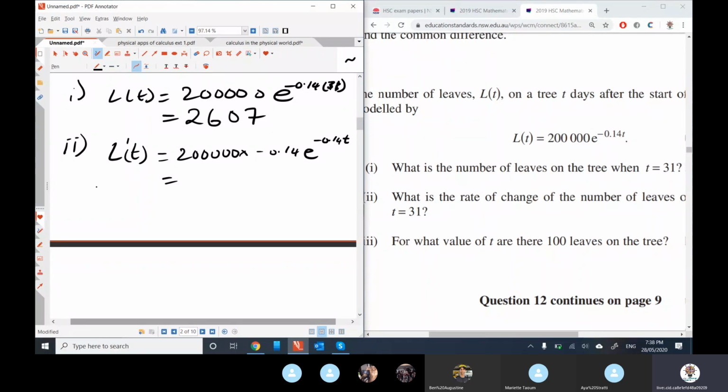That's your rate of change, and then at t equals 31, L dash of t equals 200,000 times negative 0.14 e to the negative 0.14 times 31. Negative 365. Fair enough. You're losing 365 leaves when it's 31 days.